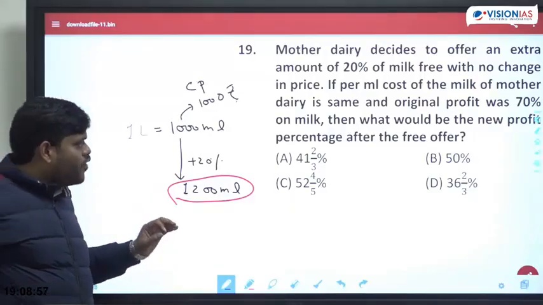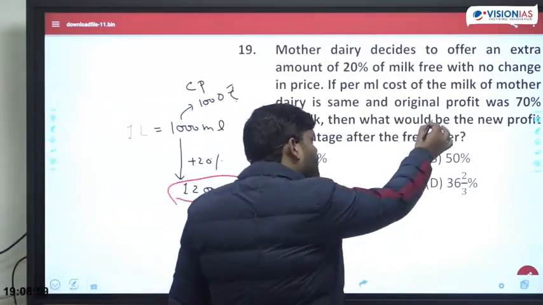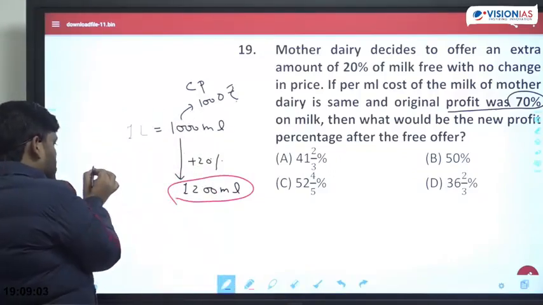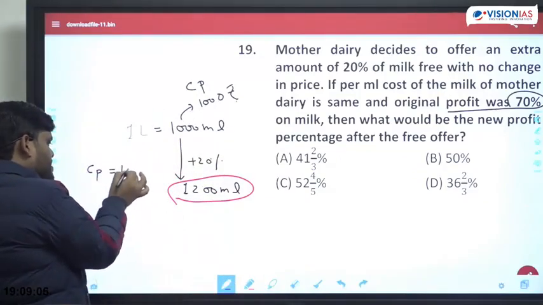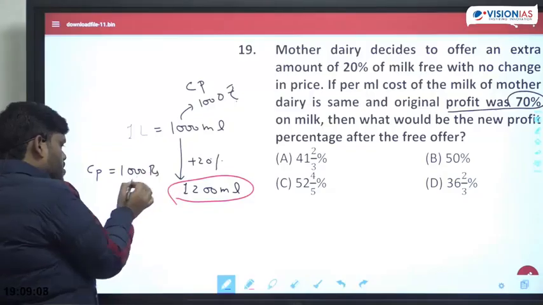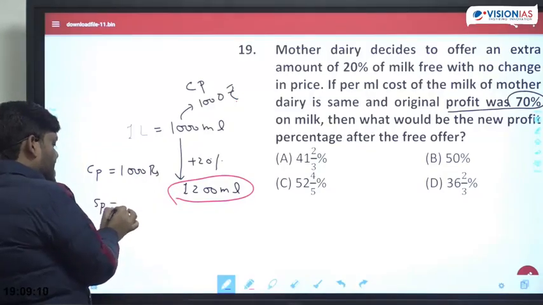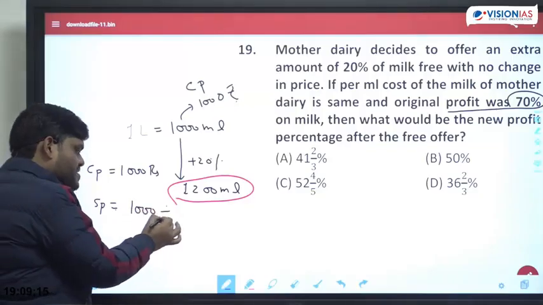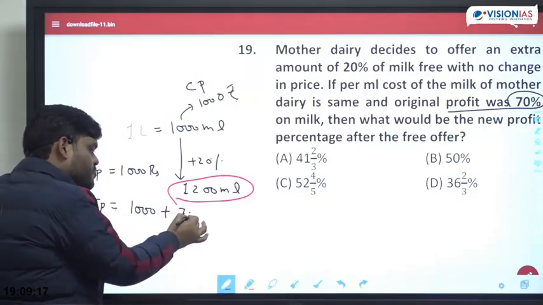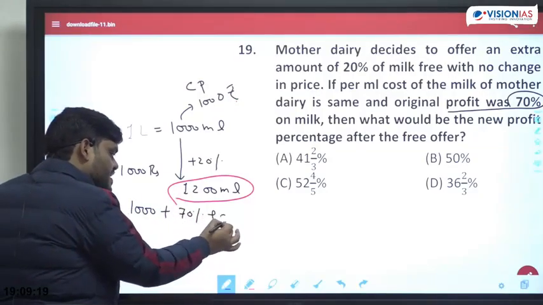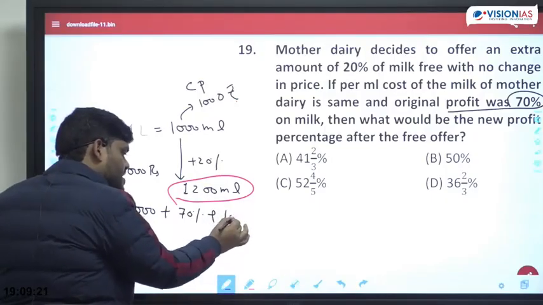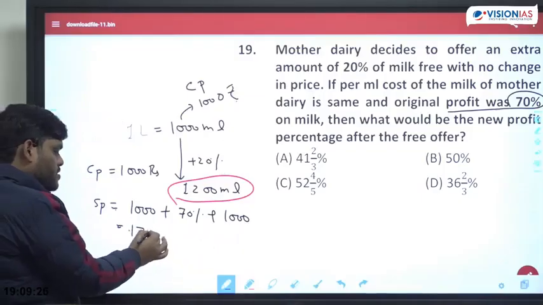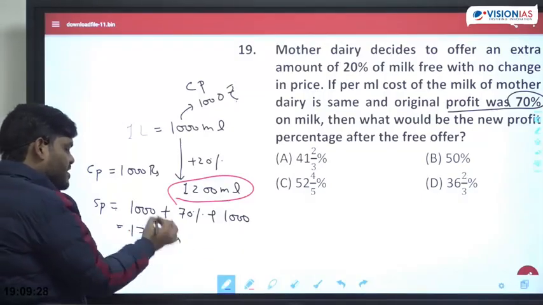Now the question says the initial profit was 70%. That means if the cost price is 1000 rupees, what was the selling price? Selling price is cost price plus profit, and profit is 70% of cost price. So the selling price was 1700 rupees.